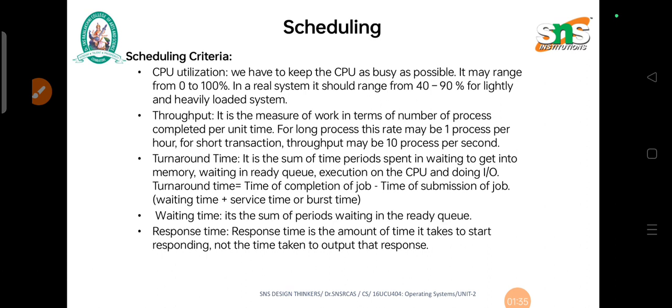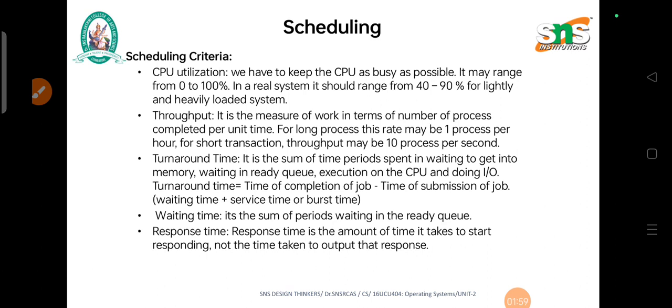Turnaround time is the sum of time periods spent waiting to get into memory, waiting in the ready queue, execution on the CPU, and doing input output operations. Turnaround time is calculated as time of completion of the job minus time of submission of the job. Waiting time is the sum of periods spent waiting in the ready queue.